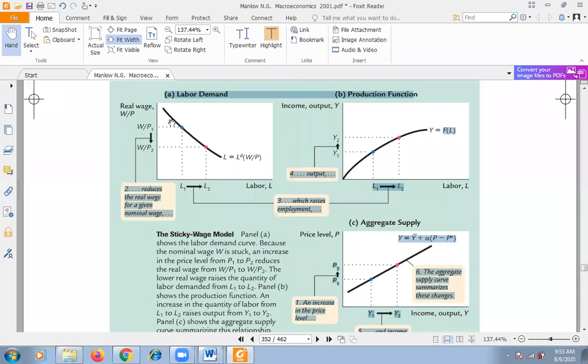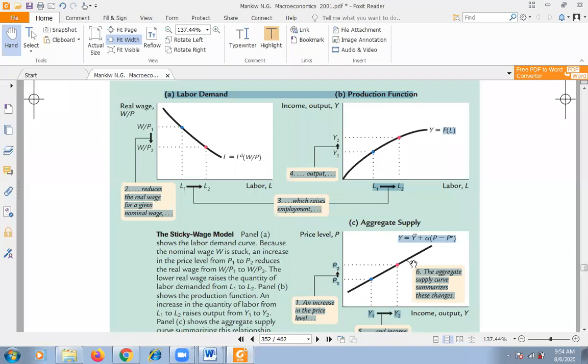Now join these 2 points. With a rising price level, the output level increases under the sticky wage model. As we join these 2 points, we get the aggregate supply curve.